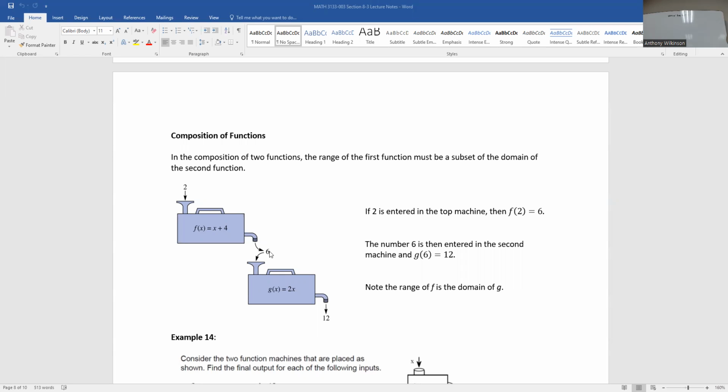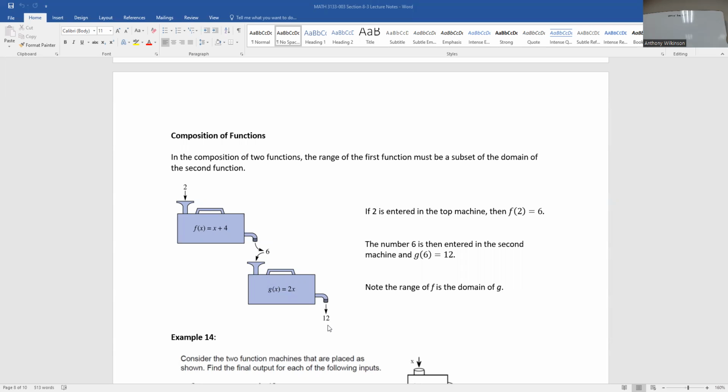So now that output for f of x becomes your input for g of x, okay? And g of x is equal to 2 times x. So if the input for g of x becomes 6, then 2 times 6 will be 12.